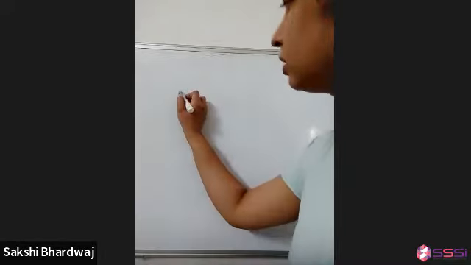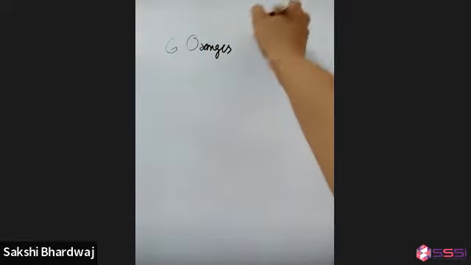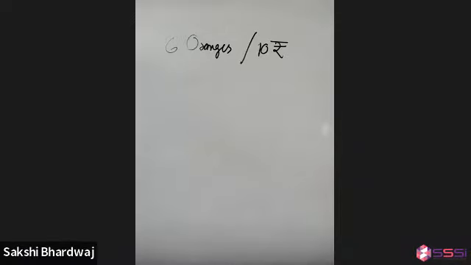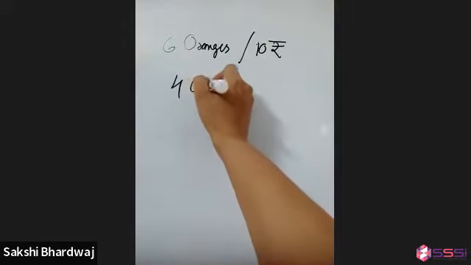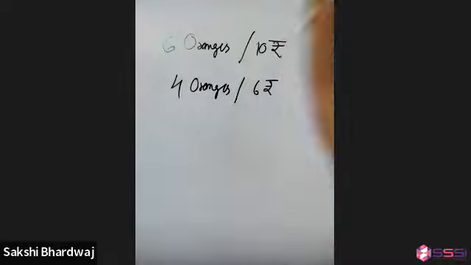Okay, question number 1. A vendor bought 6 oranges for rupees 10, like 6 oranges for 10 rupees, and sold them at 4 oranges for rupees 6.